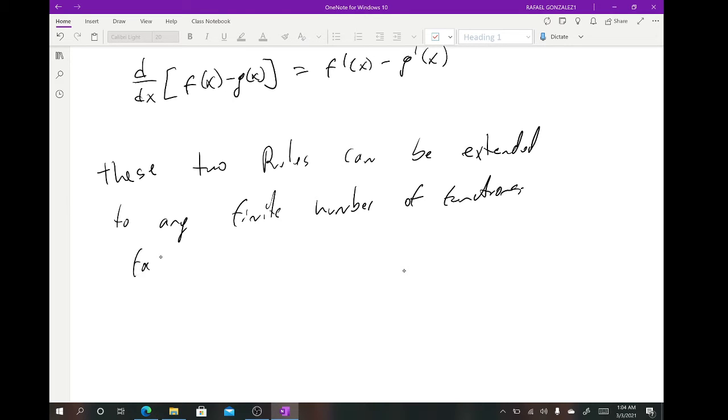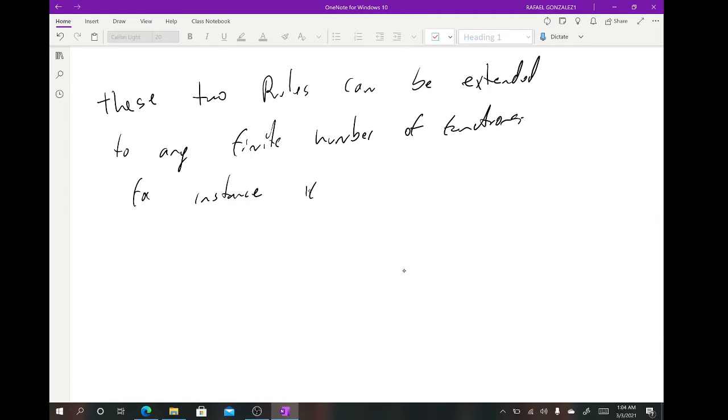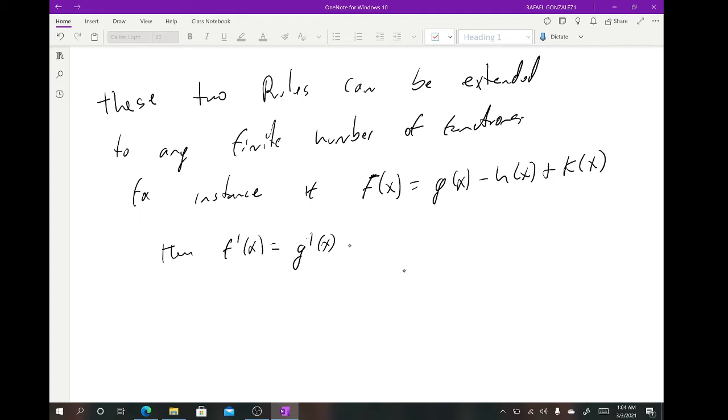For instance, let's say somebody on the train gives you the function f, and f is given to you as g of x minus h of x plus k of x, then the derivative f prime of x is going to be simply the derivative of g of x minus the derivative of h of x plus the derivative of k of x.